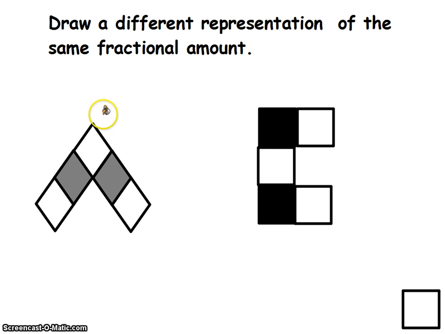Okay, so I am showing the same fractional amount on both of these with my shaded parts. This one is showing me 2/5 is shaded, and this one is showing me 2/5 are shaded. They're just not equivalent because they're not the same size and same shape of these little pieces.